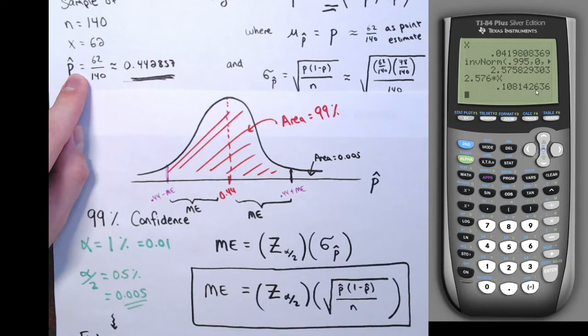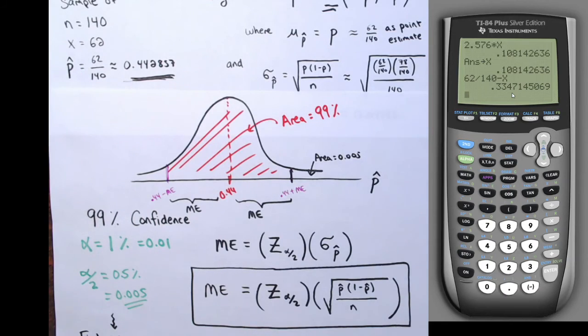Actually, I'm going to take this margin of error and store that as x now. So now x represents the margin of error. So let's take 62 out of 140, that was our p-hat, and then minus x. And here's the low value of our confidence interval.